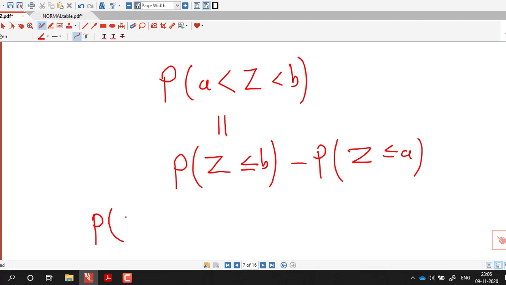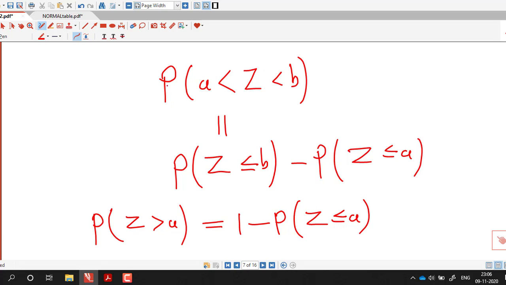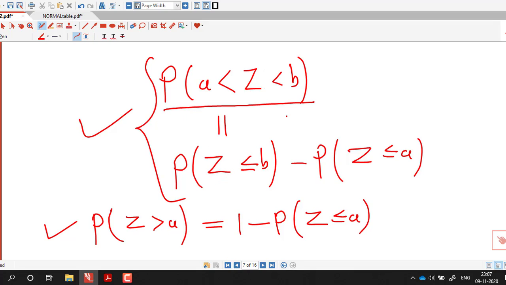Also we have used this fact: probability that z is greater than a is equal to 1 minus probability that z is less than or equal to a. These two properties we have used so many times, and they were discussed in the lecture on probability density function.